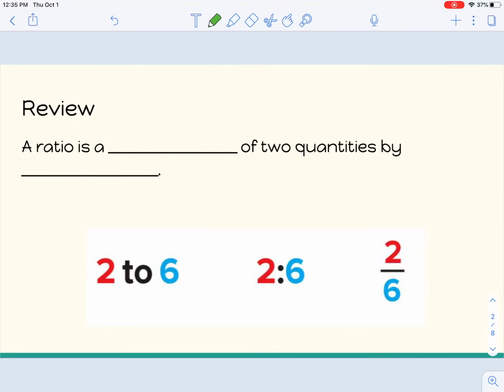All right, so last time we were together, we talked about how a ratio is a comparison of two quantities by division. And remember, a ratio can be written three ways.